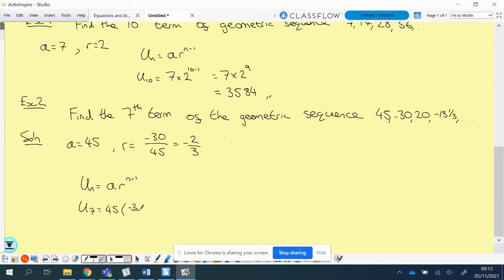R is minus 2 over 3, and that's to the power 7 minus 1, which means it's going to be 45 times negative 2 over 3 to the power 6. Therefore, we get the answer 377 over 81. Okay, if you put that into a calculator, that's what you should get.